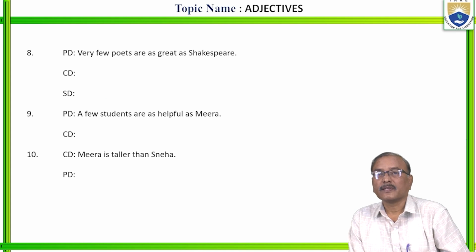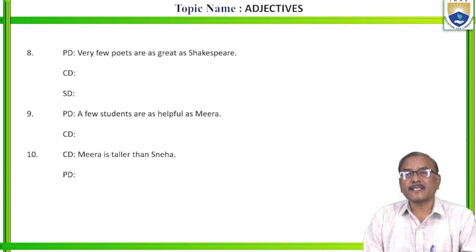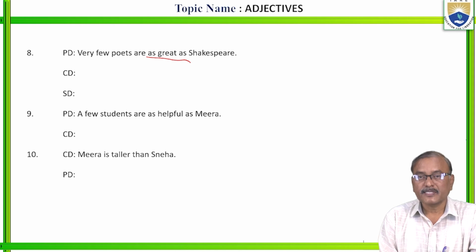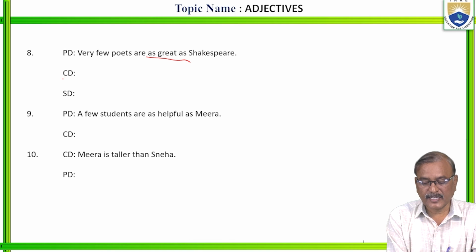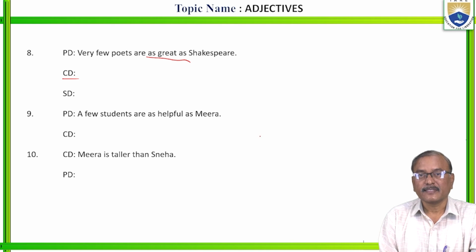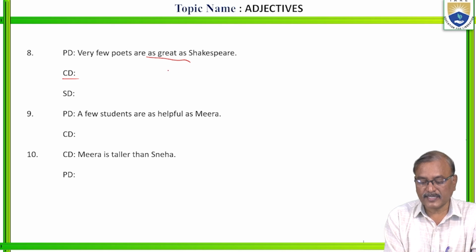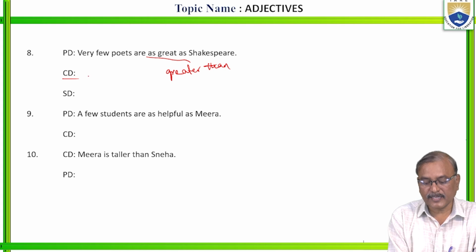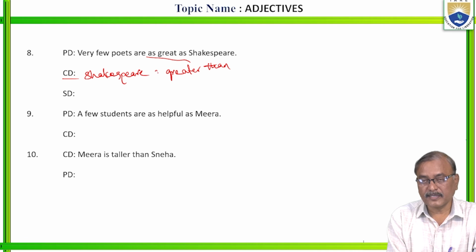Next. Very few poets are as great as Shakespeare. So he is asking here comparative degree. Comparative degree in that one, what is that here? Greater than. When it is greater than, who is greater? Shakespeare. Shakespeare is greater than.